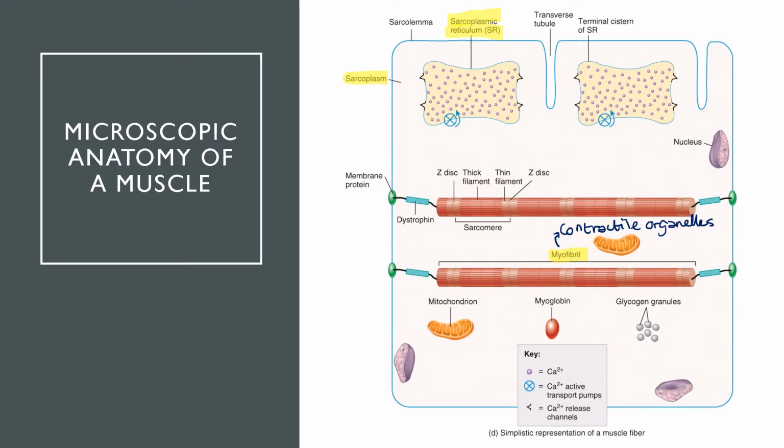They have dilated end sacs, which are called terminal cisterns, and these will butt against the T-tubule from either side. This transverse or T-tubule and the two terminal cisterns on either side of it form what's called a triad.